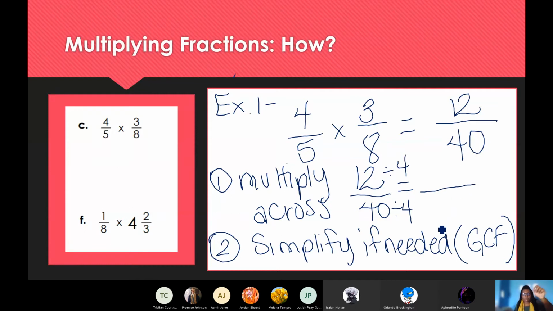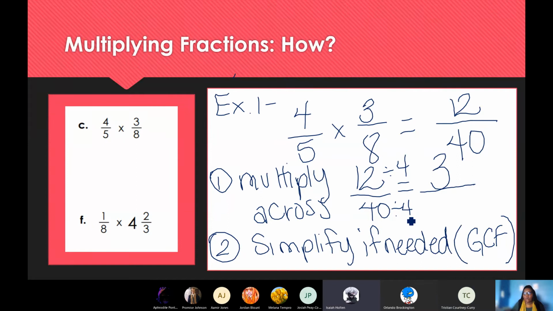So I'm going to divide my numerator and my denominator by 4. Remember, when we divide, our fraction will become smaller. When we multiply, our fraction will become larger. So to simplify, we want the smallest, we want it in its lowest terms. So 12 divided by 4, in other words, what times 4 will equal 12? 3. 3 tenths.